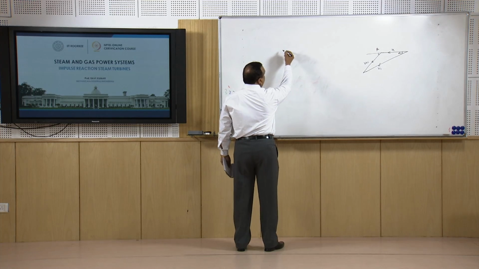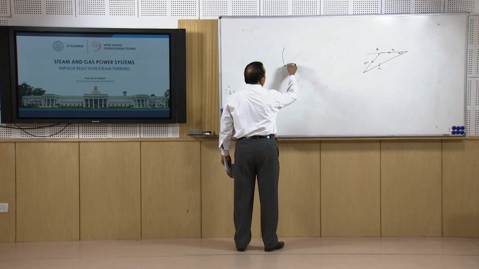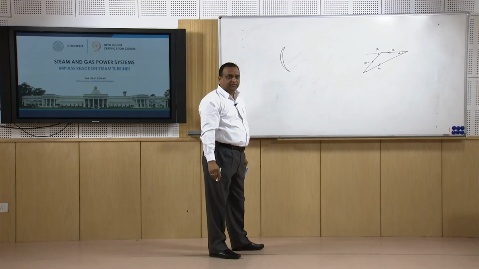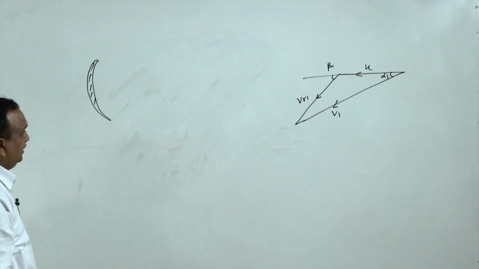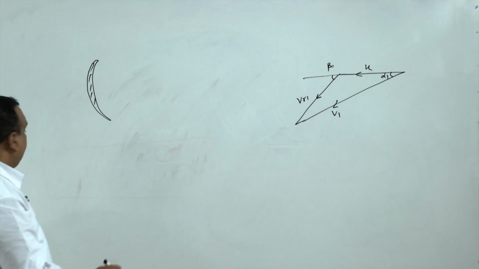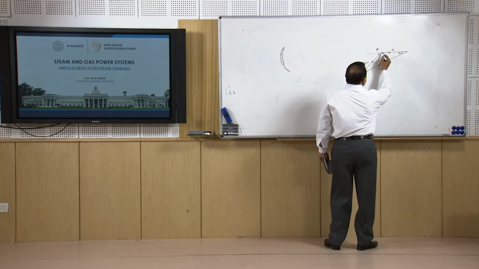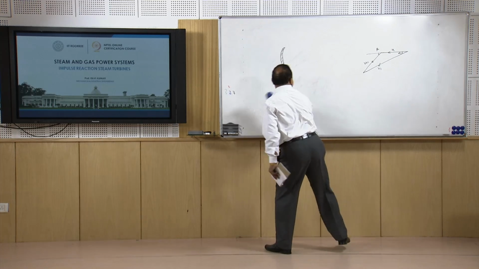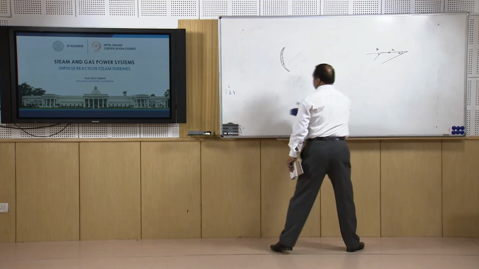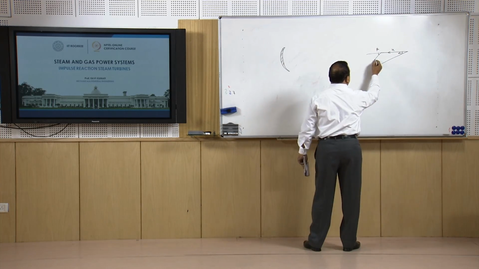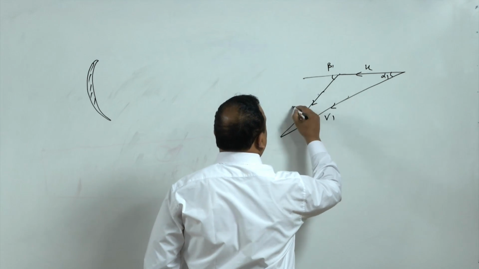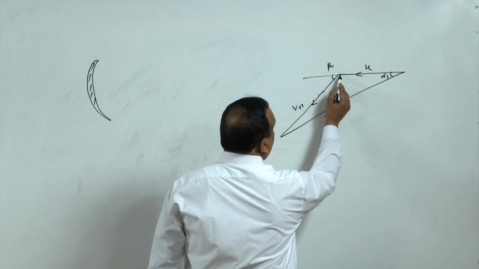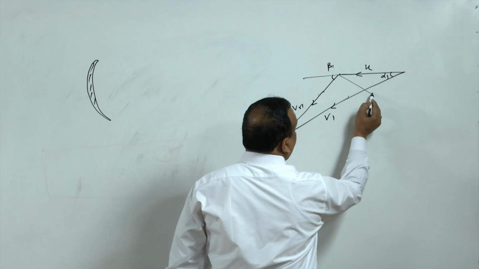So, the steam is gliding over the surface in impulse reaction turbine, and at the same time the pressure drop is also taking place. Without pressure drop, if you draw the velocity diagram, it is going to be something like this.